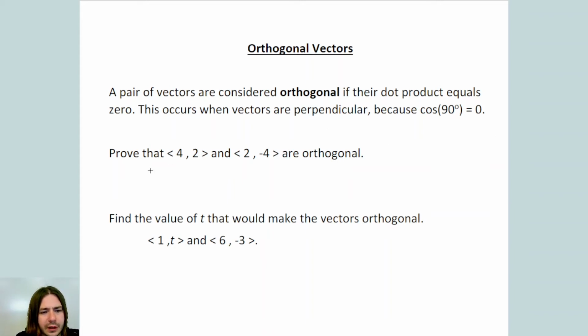So if I've got these two, I want to show that they're orthogonal. Just to give you a mental image of what's happening here, one of these is going to be 4, 2. And the other one is 2, -4.